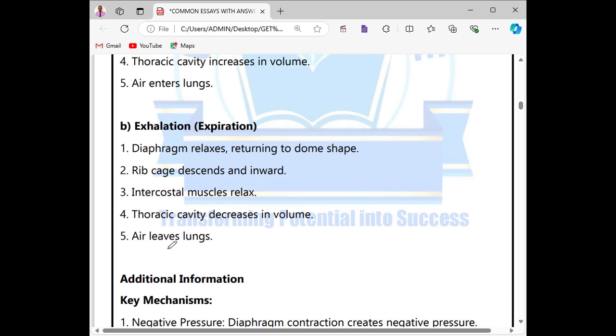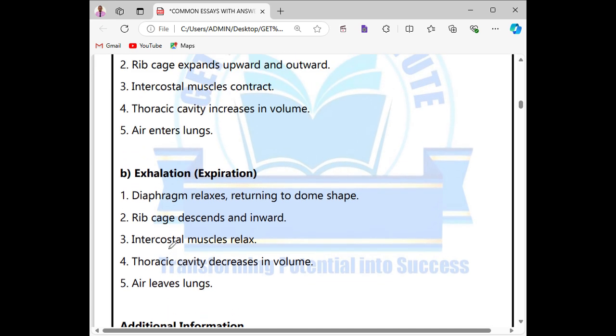Are we together? So now, according to physics, this relationship of expiration and inspiration, what do you think? How is the relationship between pressure and volume as far as breathing is concerned, as far as mechanics is concerned?